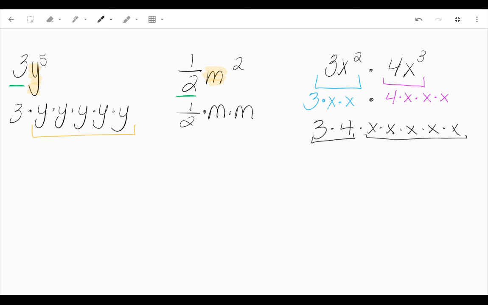So I know 3 times 4 is 12. And I know I have 1, 2, 3, 4, 5 x's now. So I can write this as 12x to the 5th. And then 12x to the 5th would be your answer in simplest form. So this right here is it expanded, and this here is it simplified.